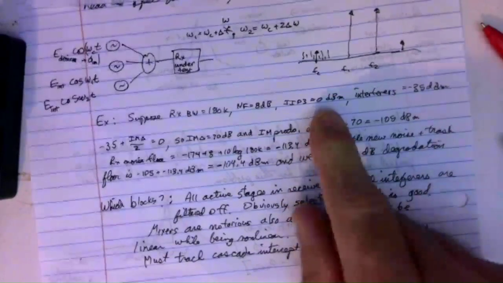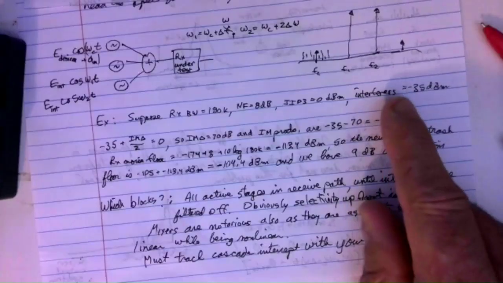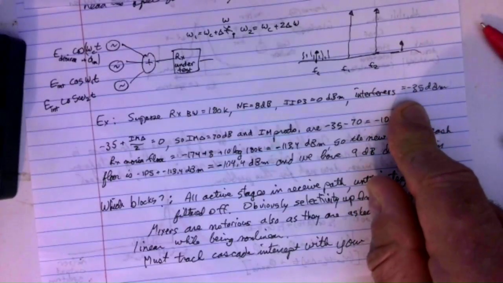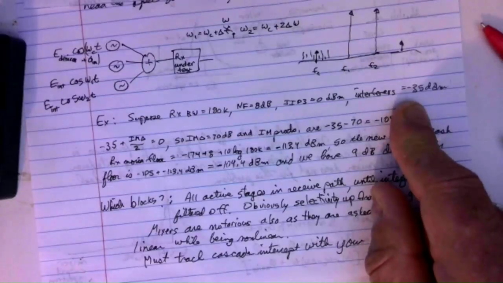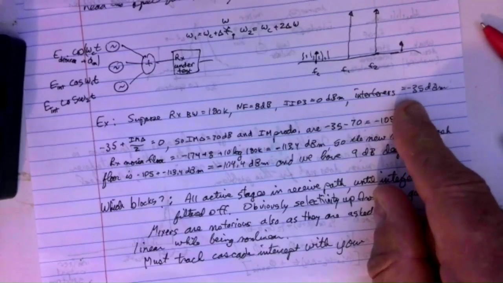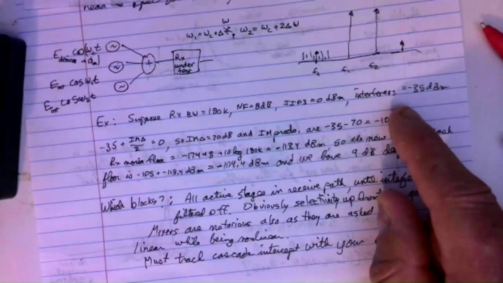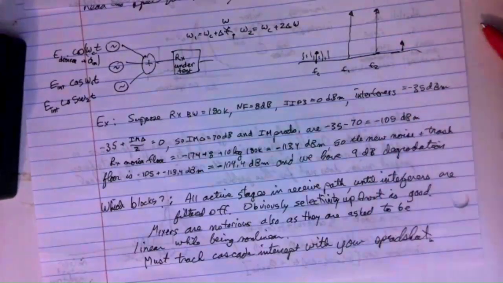And suppose we have two interferers at minus 35 dBm each, appropriately spaced so that an IM product would land on our receive channel. All right, so how much degradation will occur for our desired receive signal? Again, check the video out on intercept point, IM I should say.